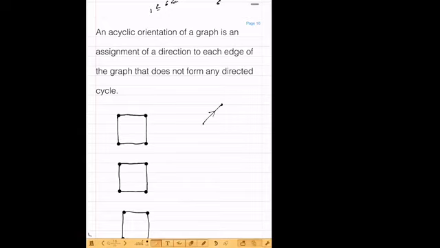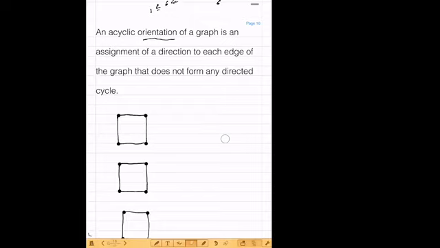This is what orientation means. And now you want to assign a direction to the edges so that you never end up with an oriented cycle, because this would be a cycle. So how many acyclic orientations do you think a square has?